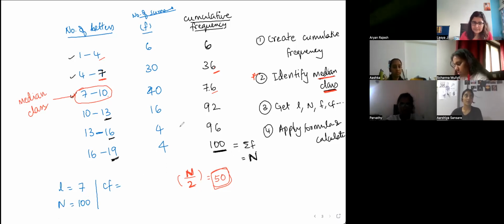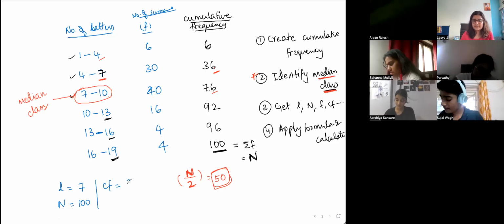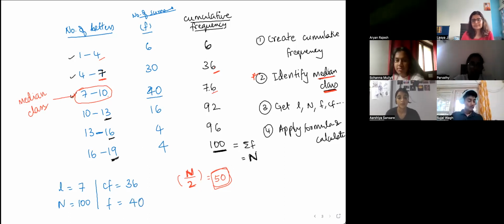36. 36 is correct. So class preceding the median class. So CF will be 36 and F will be equal to... no, F is frequency, not cumulative. So F will be 40.